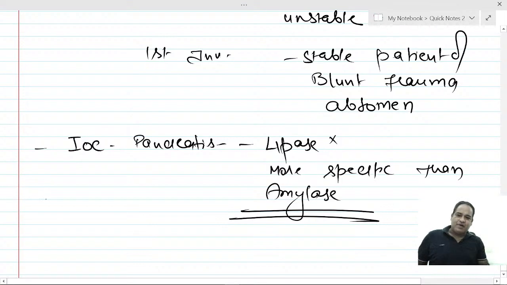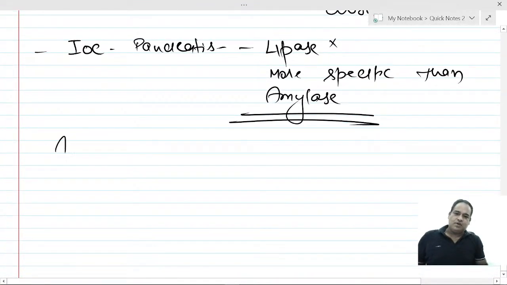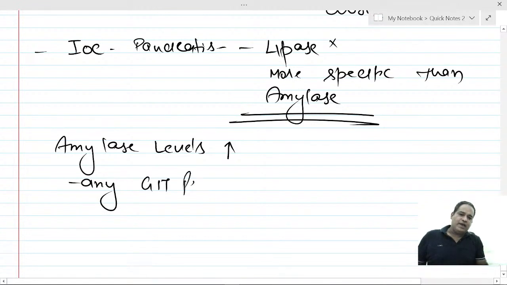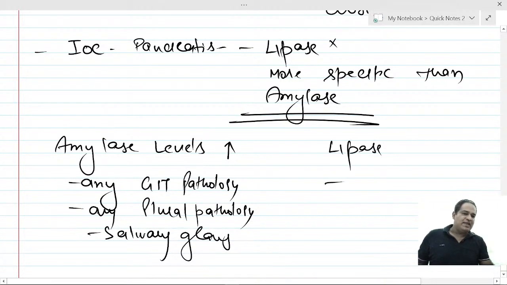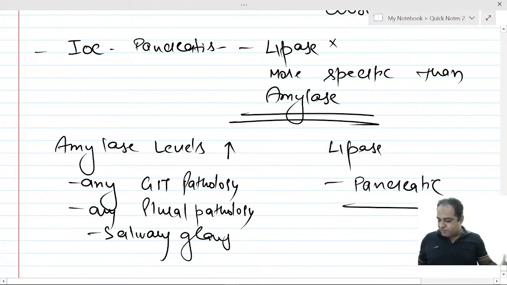Amylase levels are raised in any GIT pathology, even in some pleural pathologies, even in salivary gland pathologies, while lipase levels are raised in pancreatic pathology. So they are more specific, right?